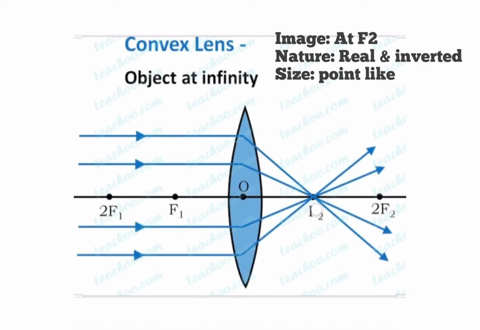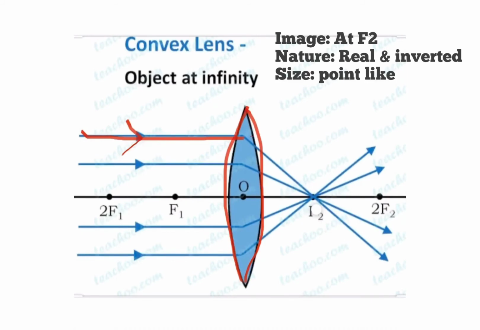So first of all, we have to draw a convex lens. Now the object is placed at infinity, so the rays coming from the object will be parallel to principal axis. So consider the first ray which is parallel to principal axis. Here you have to keep in mind that refraction will take place from the center of the lens.